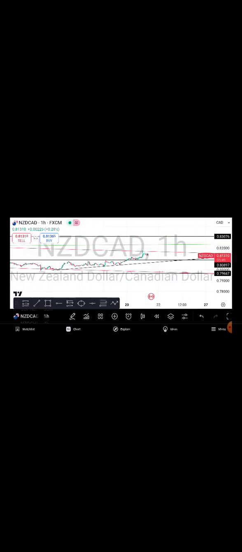So NZD/CAD from daily time frame. NZD/CAD is bearish. Price has tested the downtrend line itself. We're already experiencing the drop from that point. That was very quick, very quick.